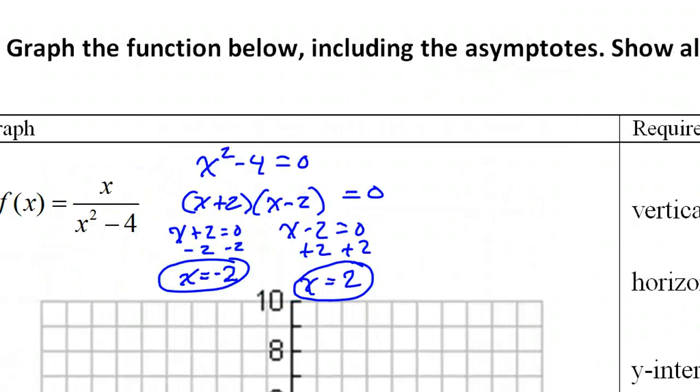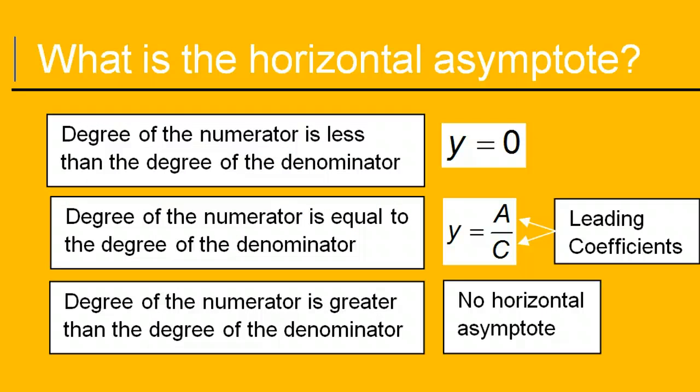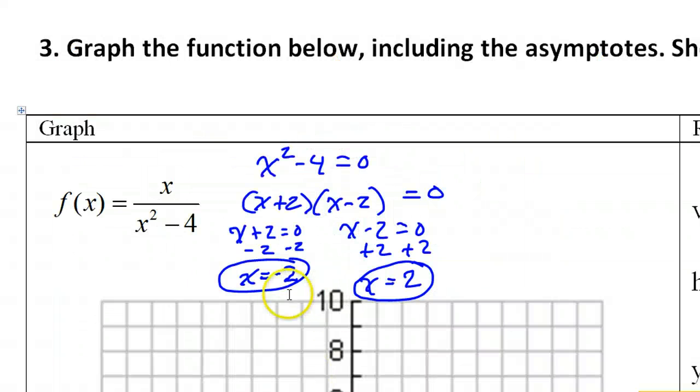Okay. Now, horizontal asymptote. How do we find horizontal asymptotes? Well, that's where we have to look at the degree. Is the numerator degree less, equal, or greater than the denominator? In this case, the degree of the numerator is 1, because there's just the 1x.